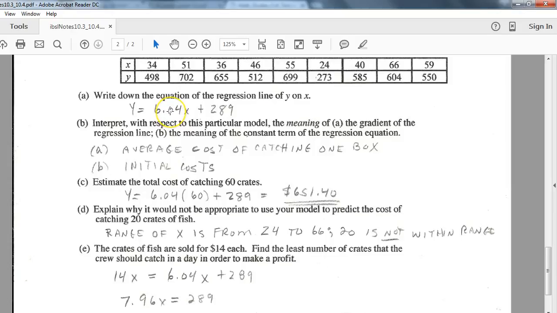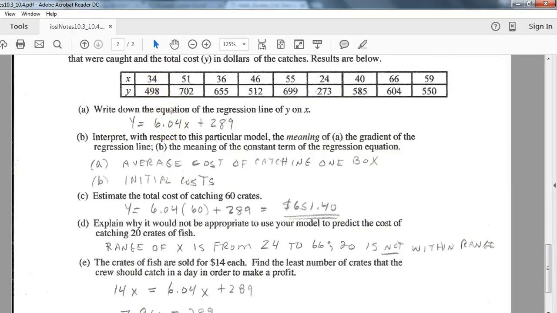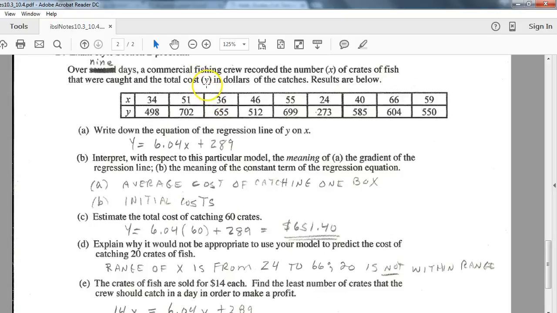This is the comparison of y to x, y minus y over x minus x. So I'm comparing the y information to the x information. If it's 6.04, well, that means that I am paying 6.04 dollars to every 1 crate of fish. And so that's the interpretation of the gradient. It's the cost in dollars to the crates of fish.